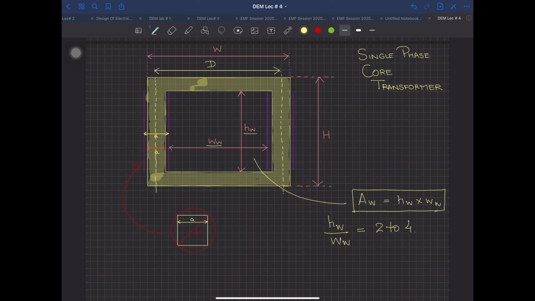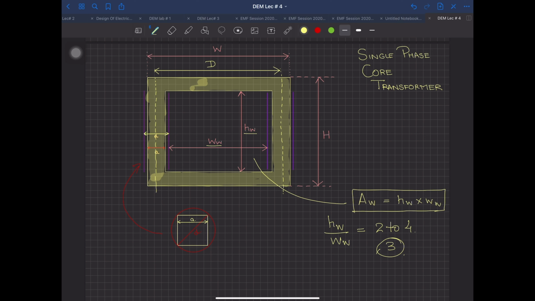And I don't need to tell you that this is for some mechanical stability. कि आपकी height 2 times है आपकी width से, ये अंदर की width है, window area. क्योंकि अगर आपकी height कम है, window width ज़्यादा है, it's going to take more space on your pole or whatever. अगर आप हाइट बहुत ज़्यादा ऊंची कर देते हो, it can topple down, center of gravity will be on the higher side. Plus when there is going to be oil, then center of gravity again will be shifted up a little. So there is a range over here, and they have told us that the optimum value is 3. Keep height divided by the window width equal to 3.